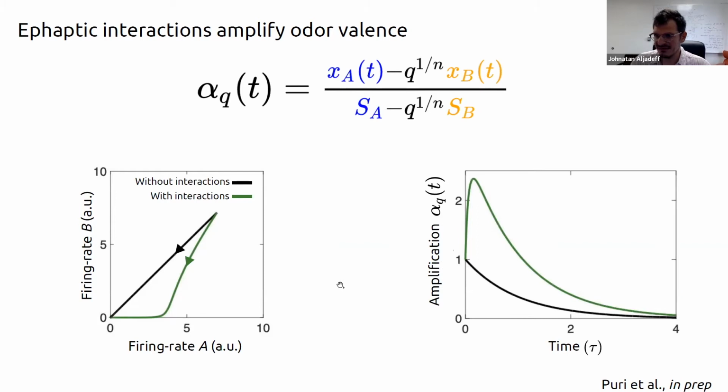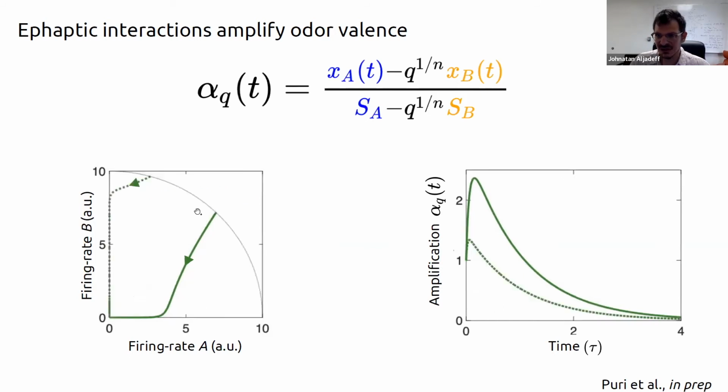Importantly, this amplification is stimulus specific. So if we look at the same strength of the interaction, but a different mixture of these two odors, then the degree of amplification is much weaker. This circle here represents stimuli that have the same overall amplitude, but this stimulus is amplified much less than the solid line.